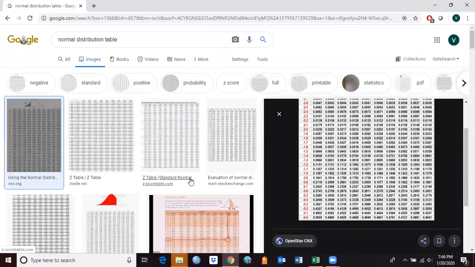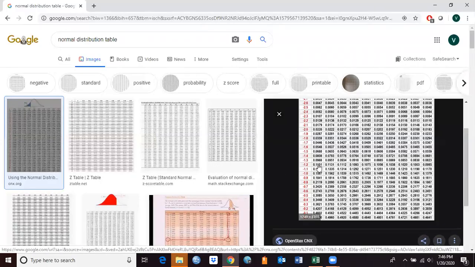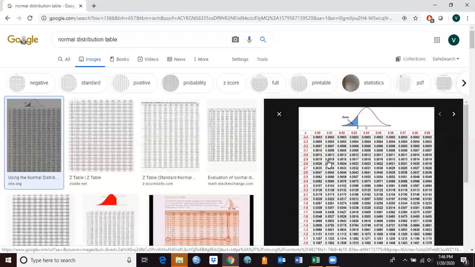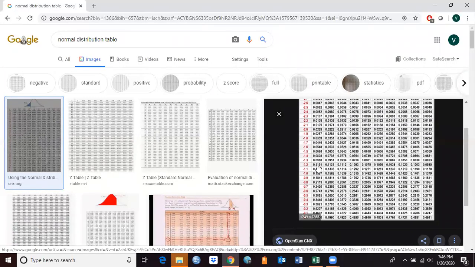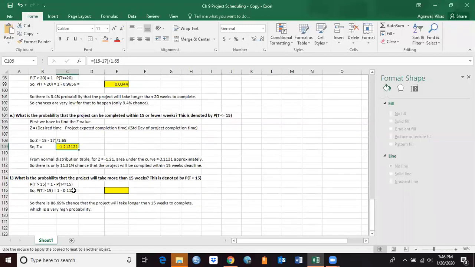Now in this case we have a z value of -1.21. So -1.21 is this one, and it is going to be 0.1131. That's what we got here. So what is the probability that your project will be completed within 15 weeks?